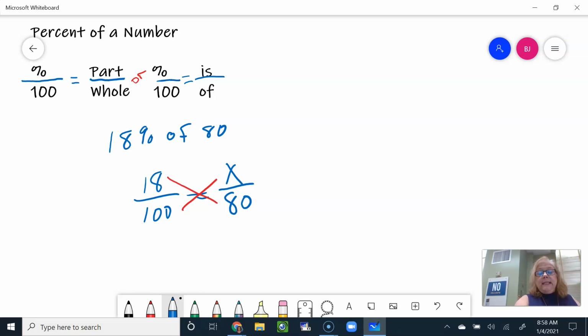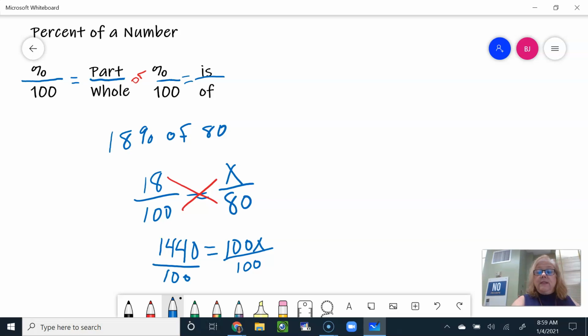So 18 times 80 is going to be, excuse me, 1,440, I apologize, equals 100x. 1,440 equals 100x. How do we solve for a variable when it's multiplication? We use division. We use the opposite operation.